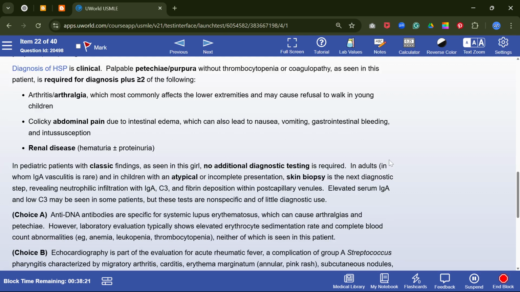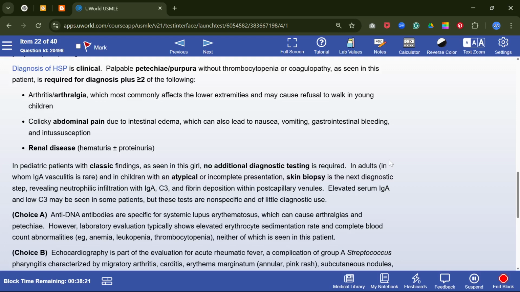In adults, in whom IgA vasculitis is rare, and in children with an atypical or incomplete presentation, skin biopsy is the next diagnostic step, revealing neutrophilic infiltration with IgA, C3, and fibrin deposition within post-capillary venules.